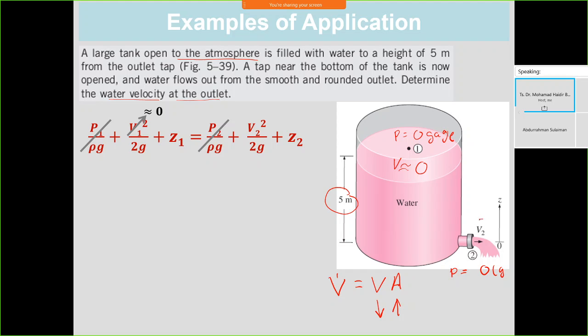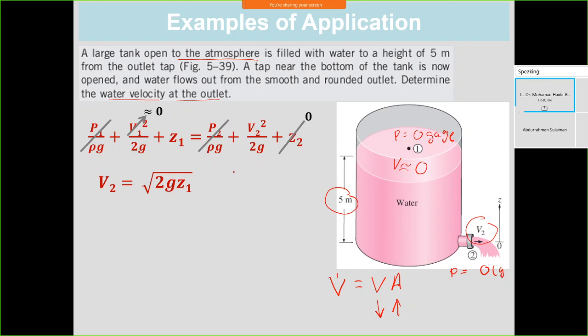Then we go to the Z. Z1 equals 5 meters, and Z2 now becomes 0, so you can cancel Z. So from a long equation, now the equation becomes only Z and also V: the effect of elevation at point 1 and the effect of kinetic energy at point 2. There is no pressure effect and there is no elevation effect at point 2. So this is the equation now.